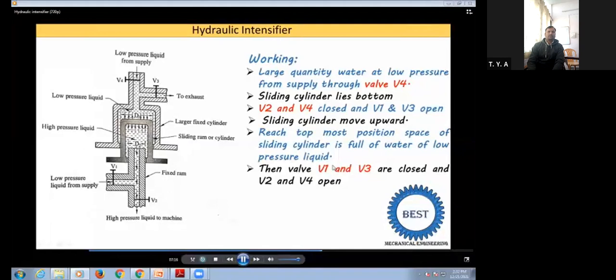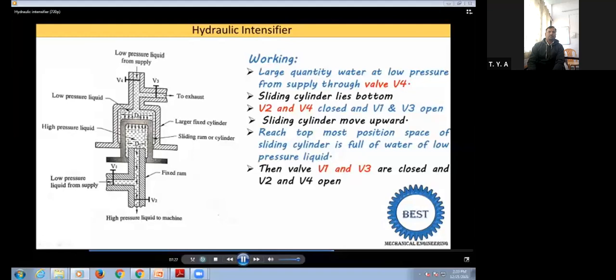In this case we close V1 and V3, meaning the inlet is closed and the exhaust is closed. Then V2 and V4 are open, so low pressure liquid starts to be supplied in these fixed cylinders, acting with pressure on the sliding ram, and the sliding ram starts to move downwards.